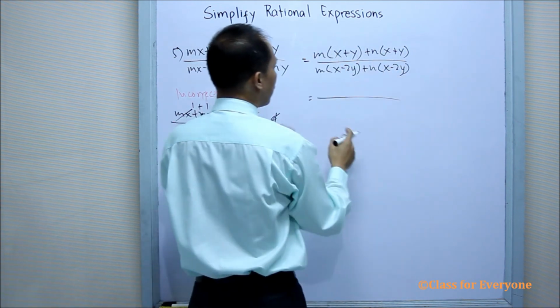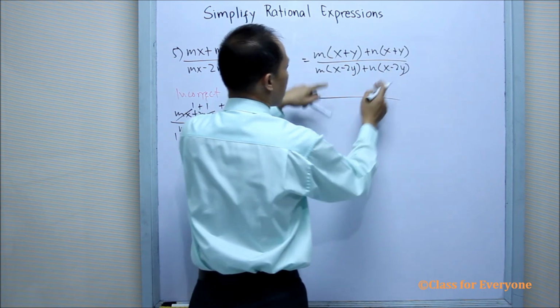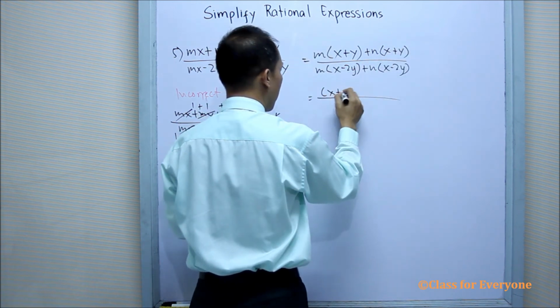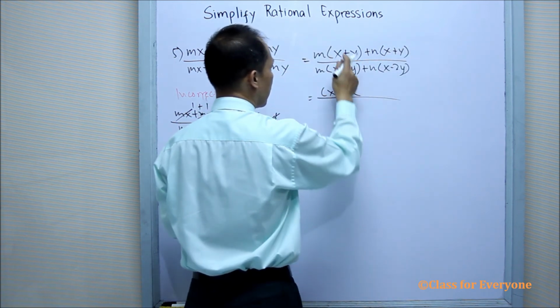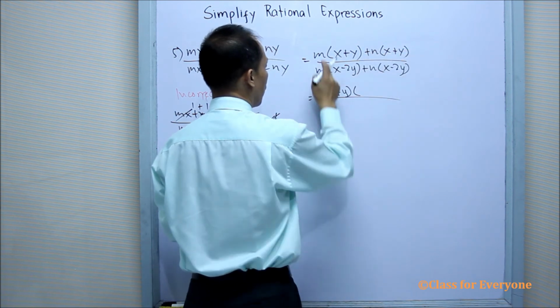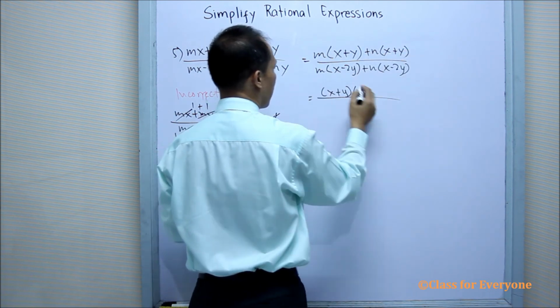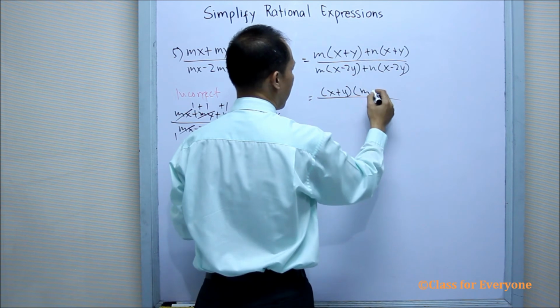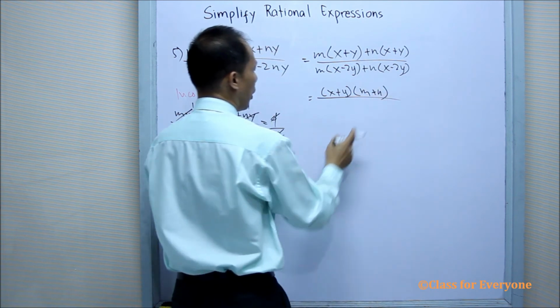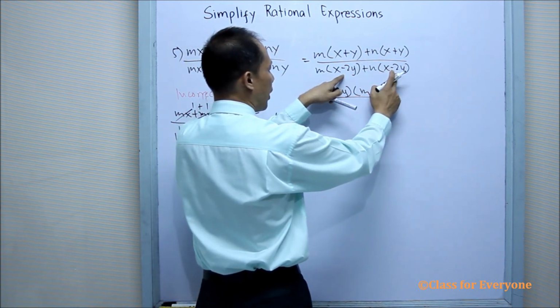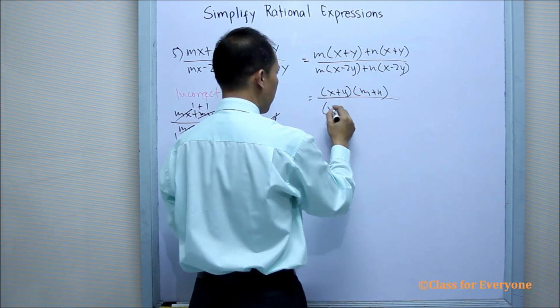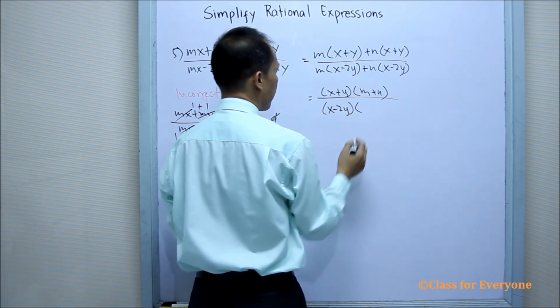So in the numerator, there is a common factor of x plus y, so I can factor out x plus y. So x plus y, x plus y. What remains here is m plus n. Now, there's also a common factor of x minus 2y. I can factor out x minus 2y.